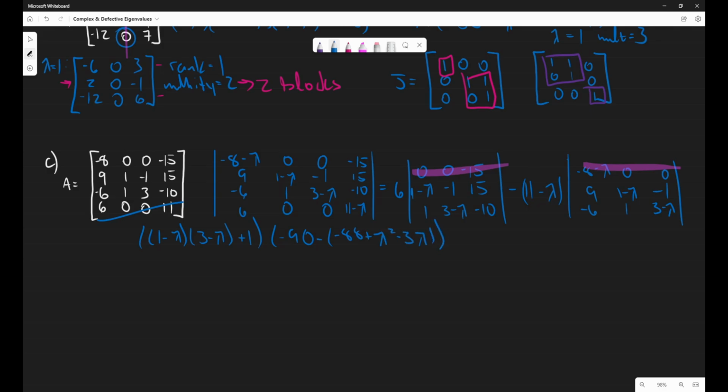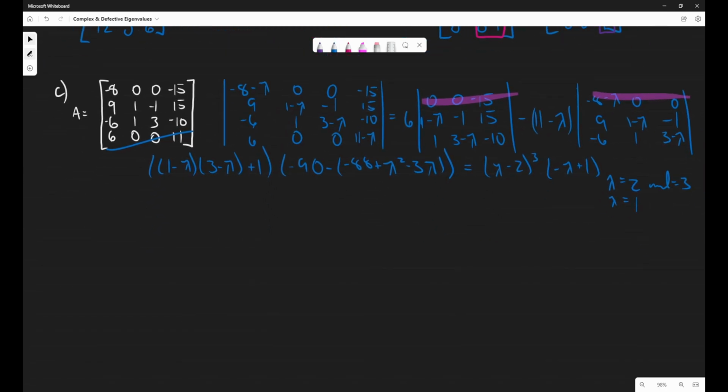And then after further simplification, you will get lambda minus 2 quantity squared times negative lambda plus 1, or not squared, cubed. And so our eigenvalues would be lambda equal to 2 with multiplicity 3, and 1.